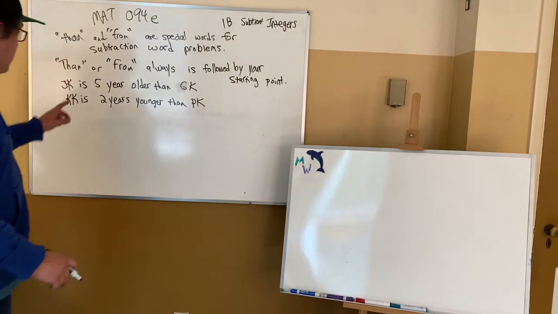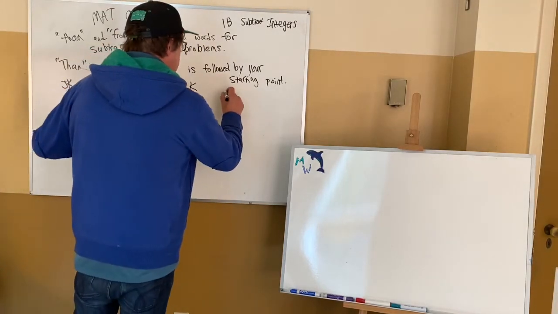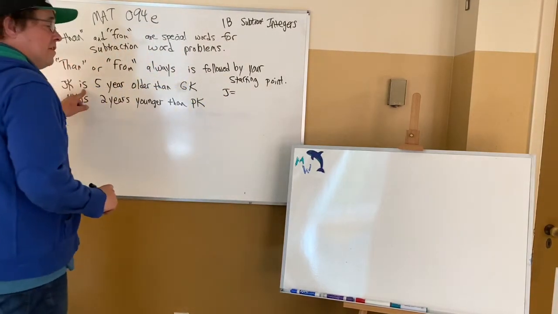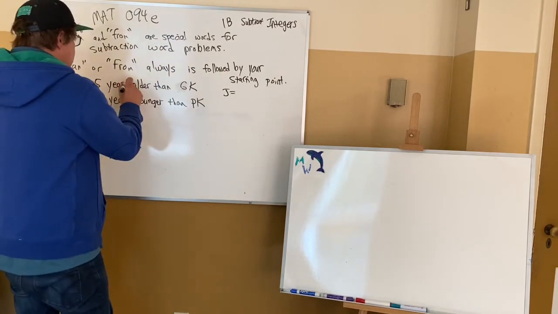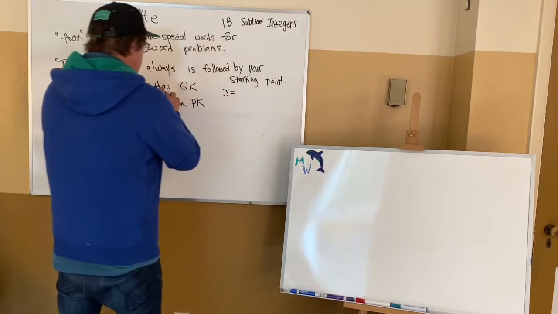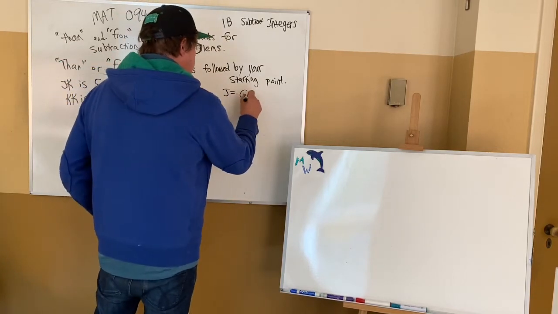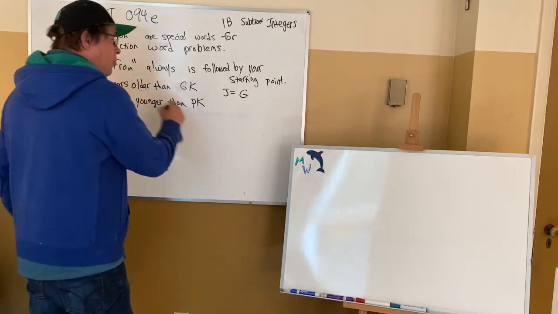And in this one, Jeff equals, for word problems, 5 years older than Greg. So we go with than Greg. We begin with Greg, and we make someone older by adding to them.